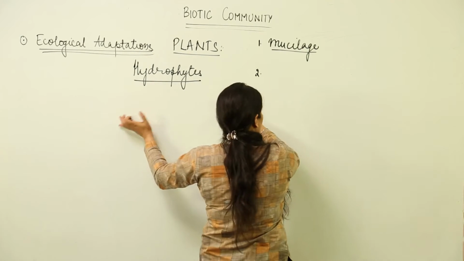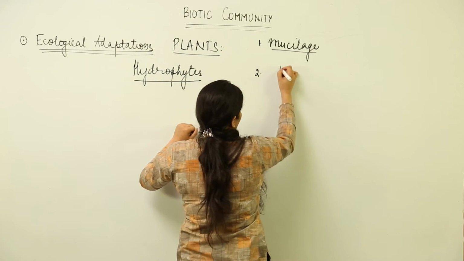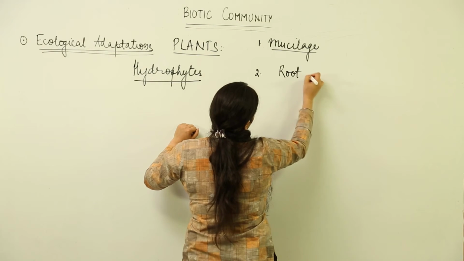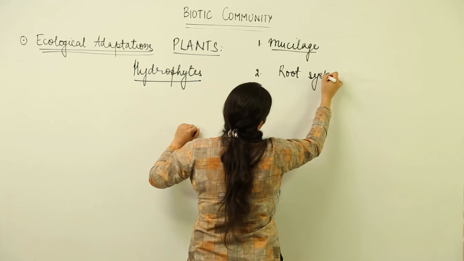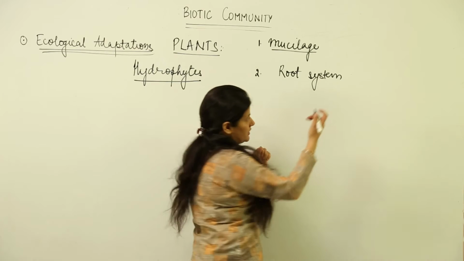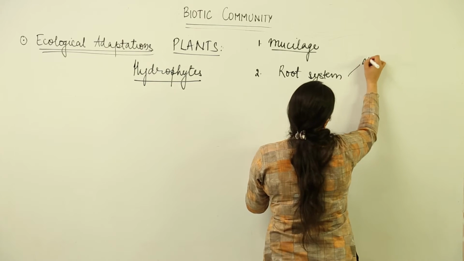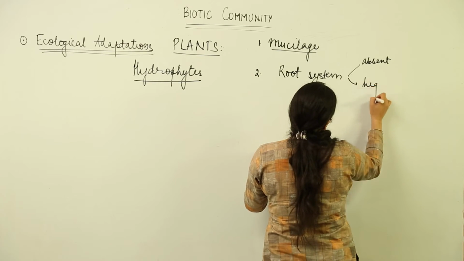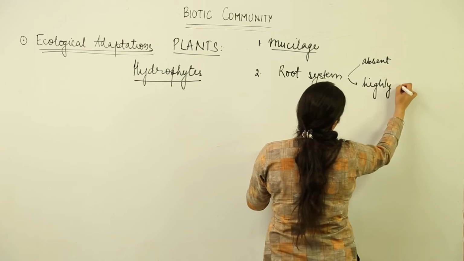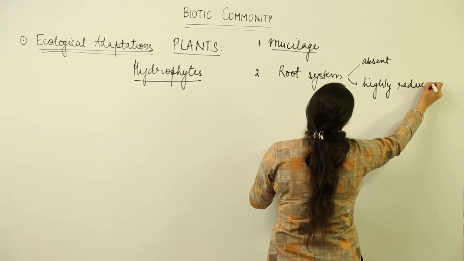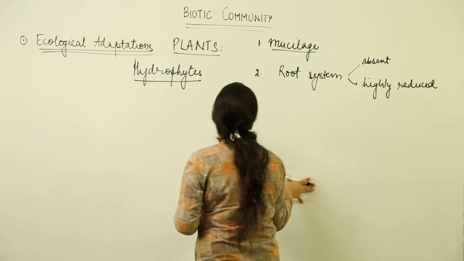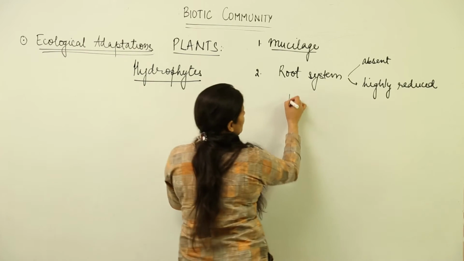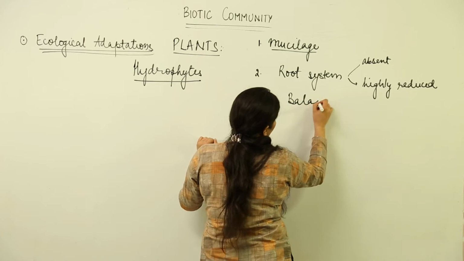About the types of hydrophytes, all the types of hydrophytes have a root system which is either highly reduced or absent. Okay, so we have two conditions, it could be completely absent or it could be highly reduced. As in the case of the aquatic plant known as Pistia, we have a root system which provides it balance for floating.